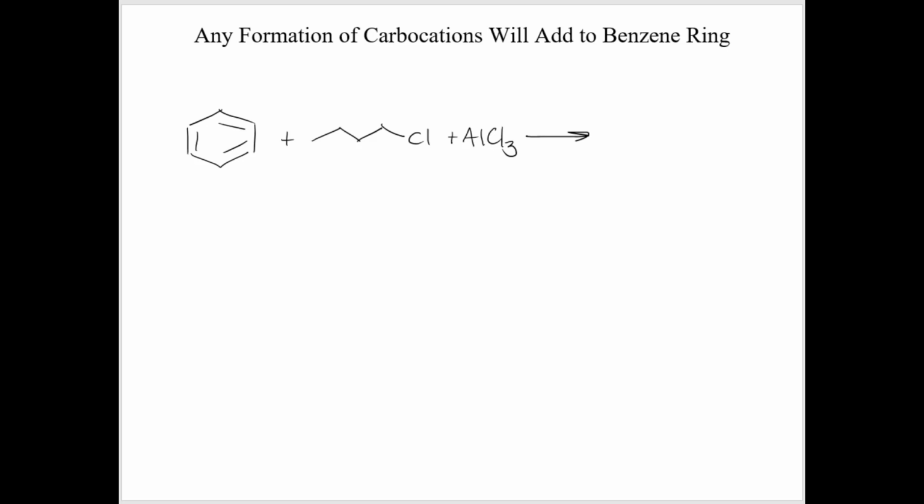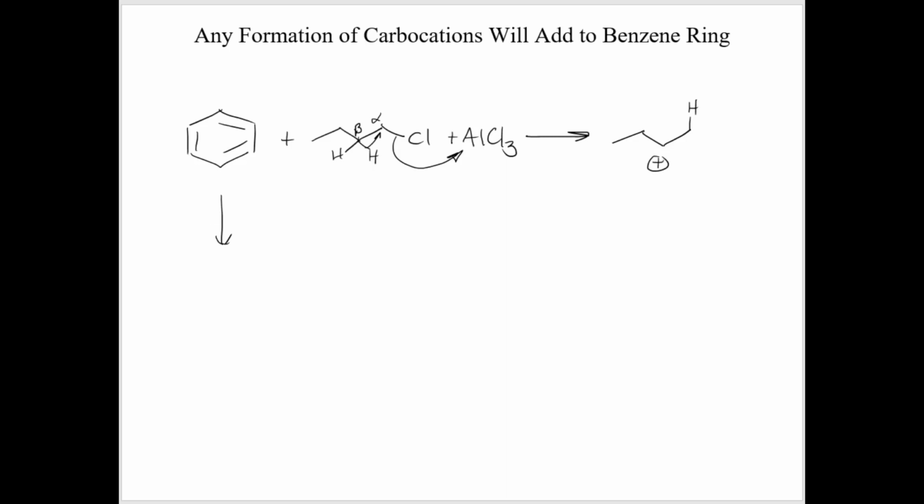But if I wanted to do this reaction, what would happen is that as the chloride got pulled off by the aluminum, one of the hydrogens on carbon number 2, basically if this is an alpha carbon, one of the beta hydrogens would then shift over, so that I would end up making the secondary carbocation, which would add to the benzene ring.